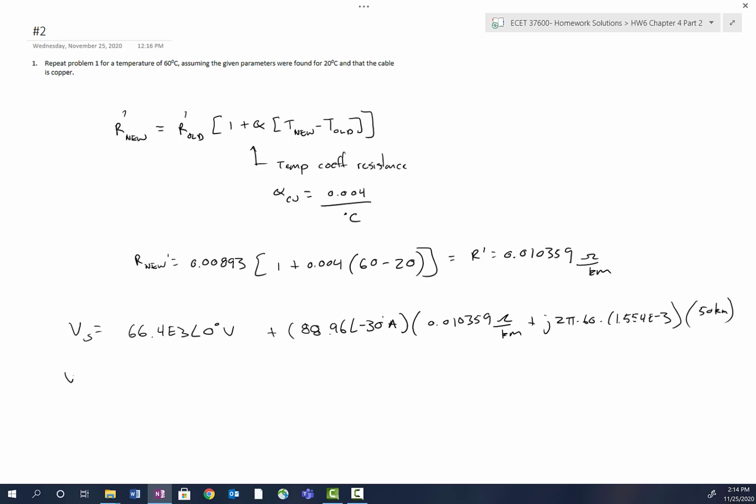And so the sending end voltage for this new one is 67.75 angle 1.85 kV line to neutral, which if I put that on a line basis is 117.34 kV line to line.